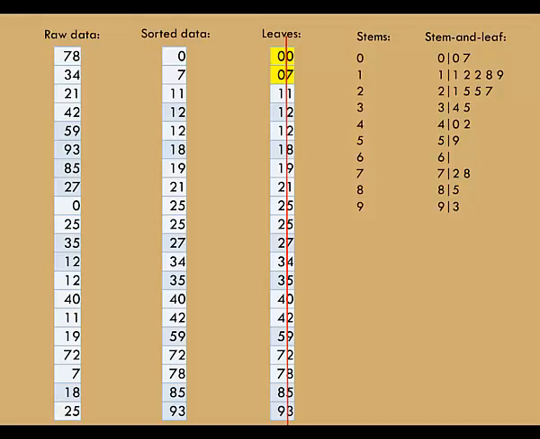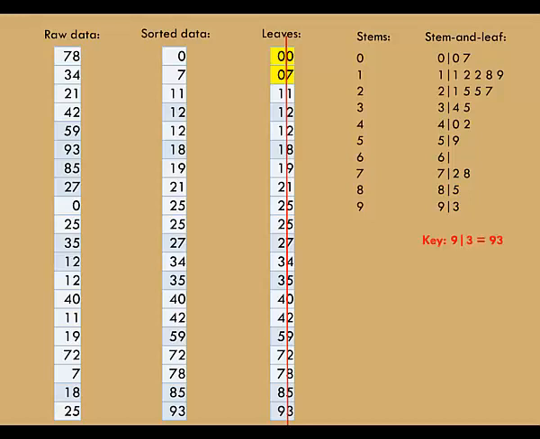For the stem 1, the leaves are 1, 2, 2, 8, and 9. 2 is repeated, so I put a leaf for each repetition. For the stem 2, the leaves are 1, 5, 5, and 7, and so forth.